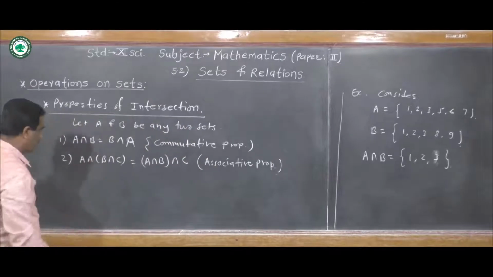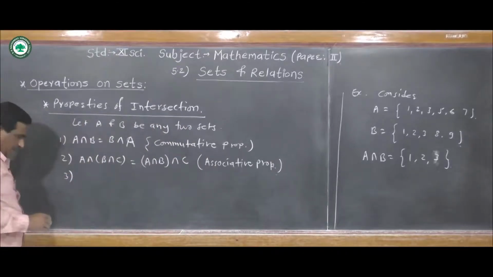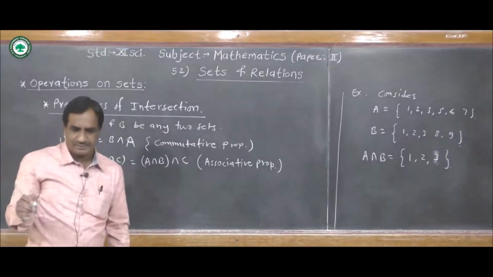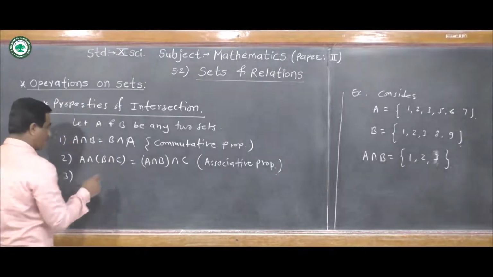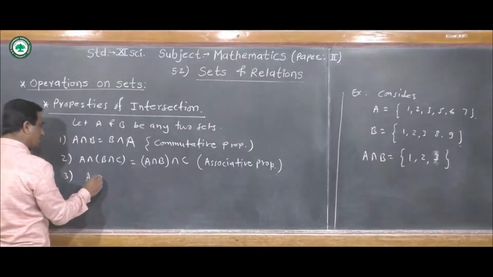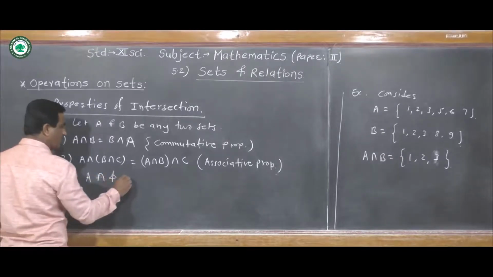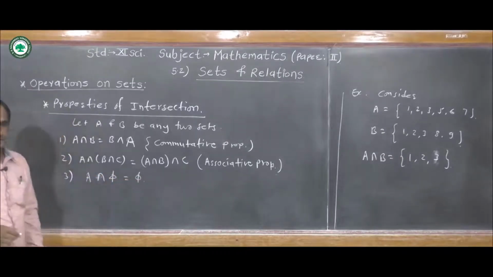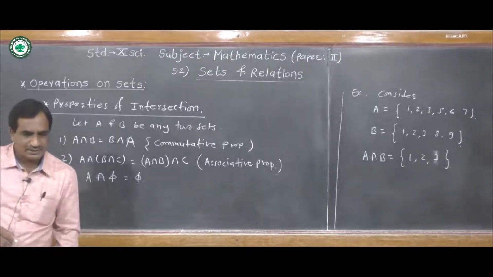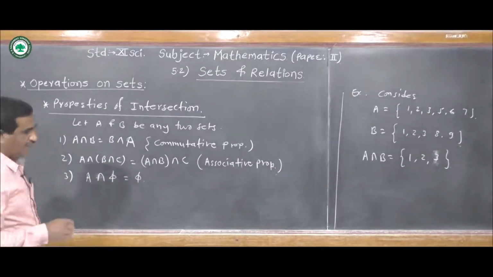Okay. Number third, A intersection phi, that is empty set. A intersection phi is equal to phi. This is called as identity law.